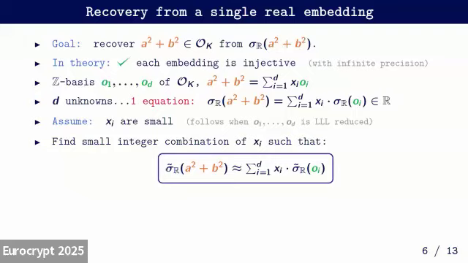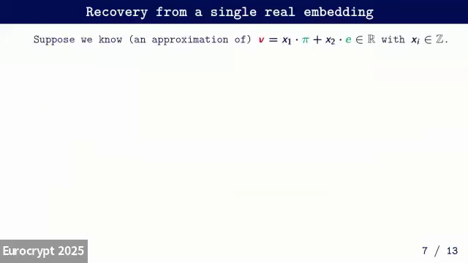Here I suddenly move to approximate things, and that is because we cannot compute these things in infinite precision. We need to compute them at some high but still polynomial precision. And it turns out that this is precisely a lattice problem. Let's have a look at a fun example where we assume that we have the real number pi and the real number e, which are going to be the two embeddings.